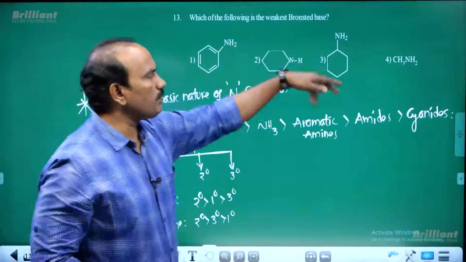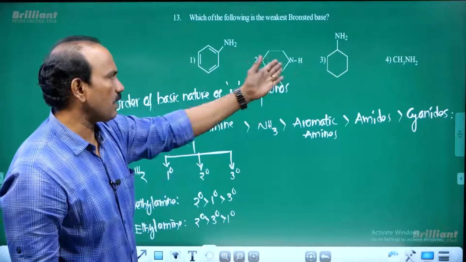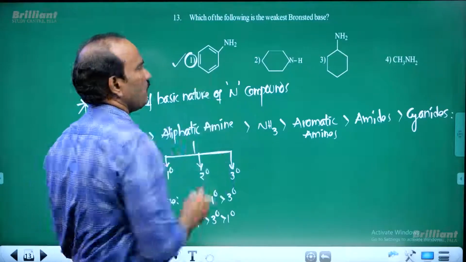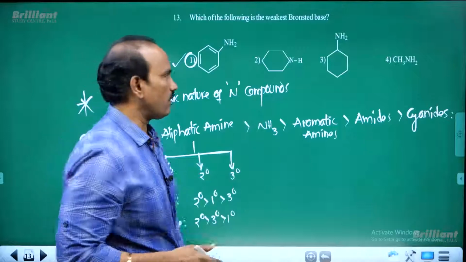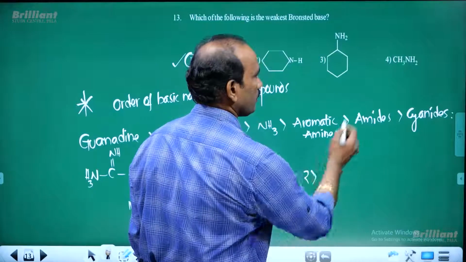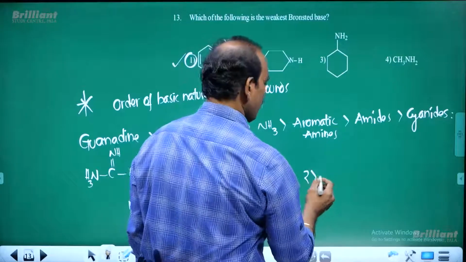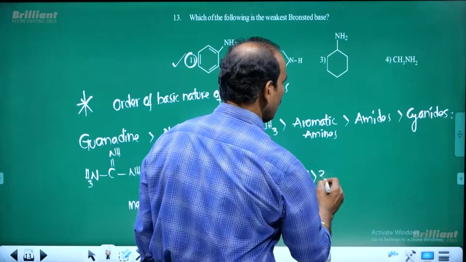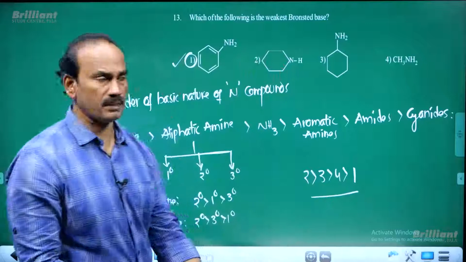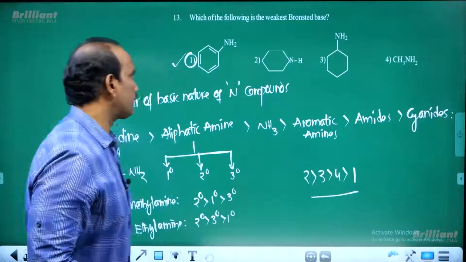Which is the least basic? This is aliphatic, this is aromatic, so this is the answer. If he asked for the more basic order, at that time 2 greater than. The next one, this is aliphatic, a secondary. Then this is 3, 4 and 1. If you ask for the comparison, this is the least, this is the strongest. Clear? Next one.